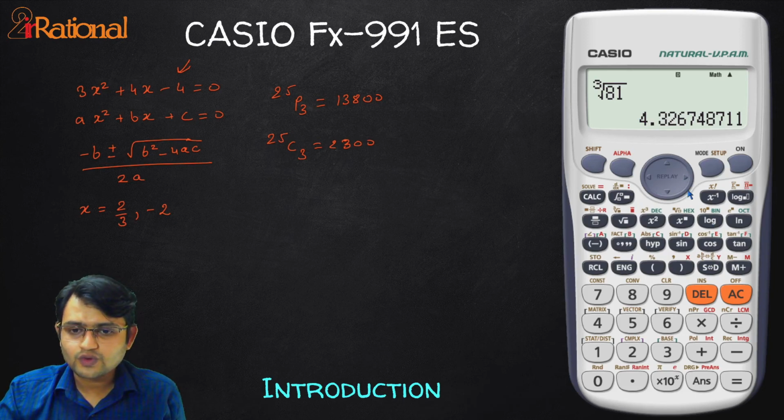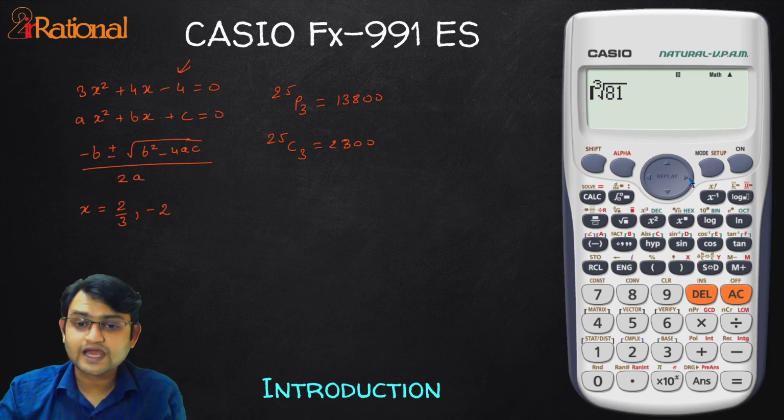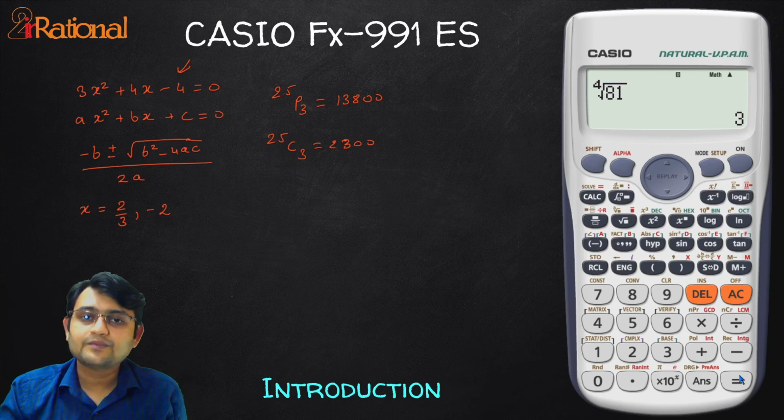So if I want to edit, all I have to do is press this side arrow key and delete, and I'll press 4, and if I press equal to, I get 3. Similarly, you can use these buttons to make very elaborate equations.